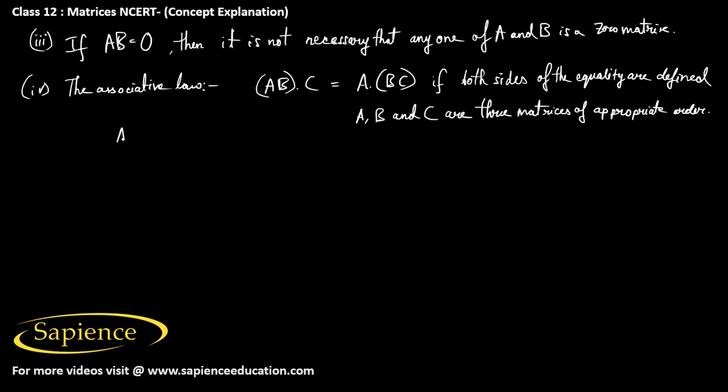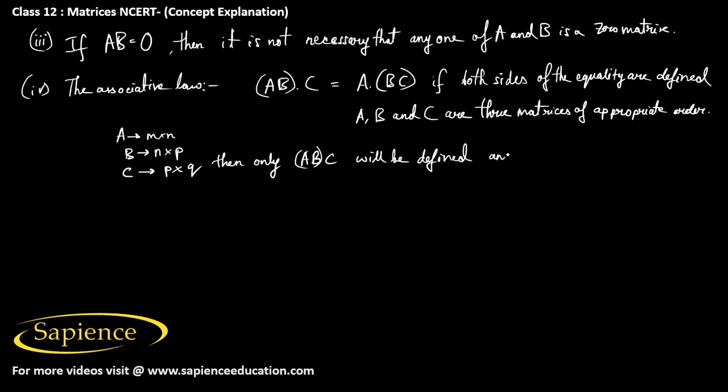It means that if A is of the order m cross n, B is of the order n cross p, and C is of the order p cross q, then only the product AB into C will be defined.